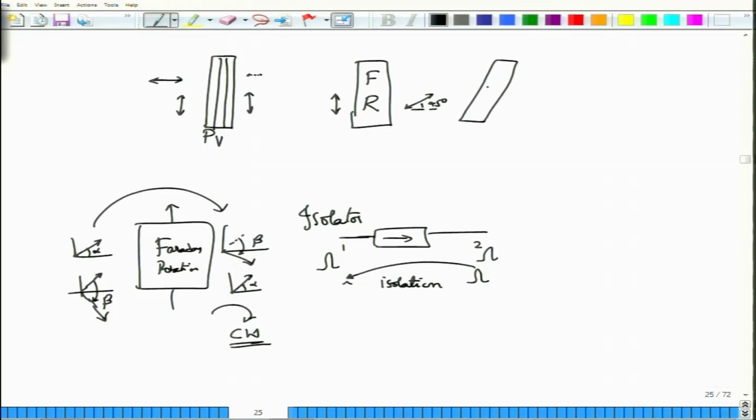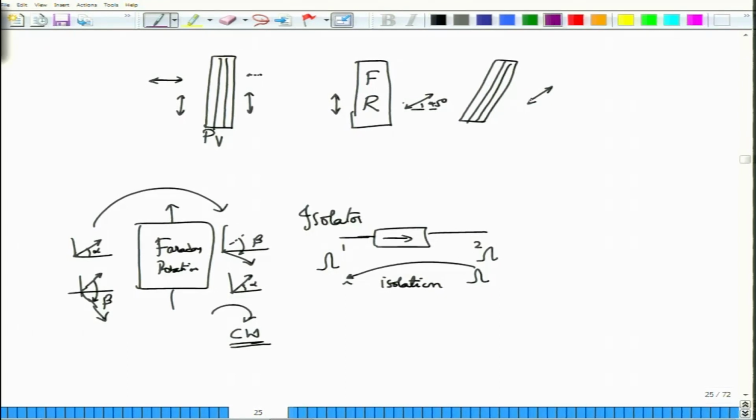Please note that this is not slanted in the usual sense. I am just slanting it to show that this is a 45-degree polarizer. There is no Brewster angle idea going on here at all. So this is a 45-degree polarizer, and because this is lined up with 45 degrees, output will be coming out at 45 degrees, and you have essentially transmitted the light.